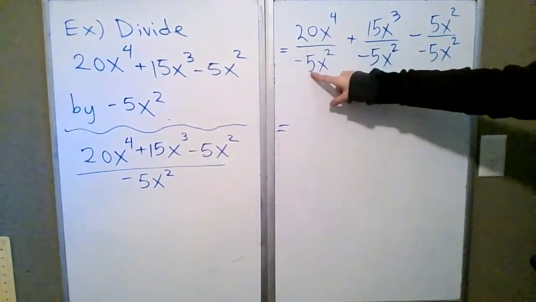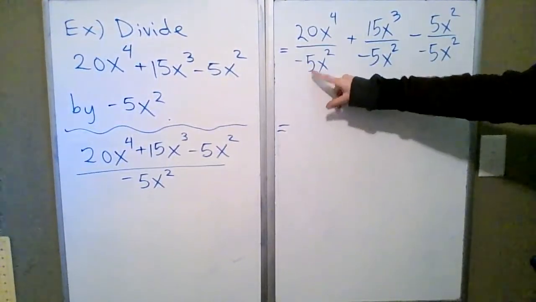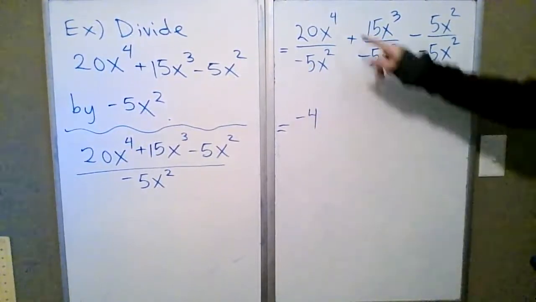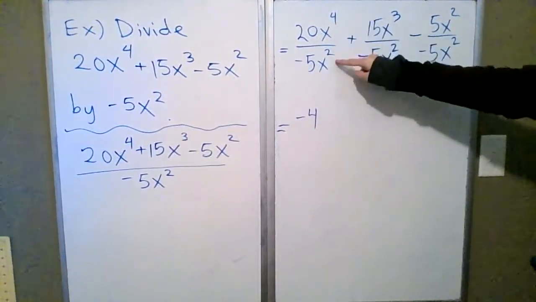This 20 divided by negative 5 is negative 4. x has a power of 4 minus 2.